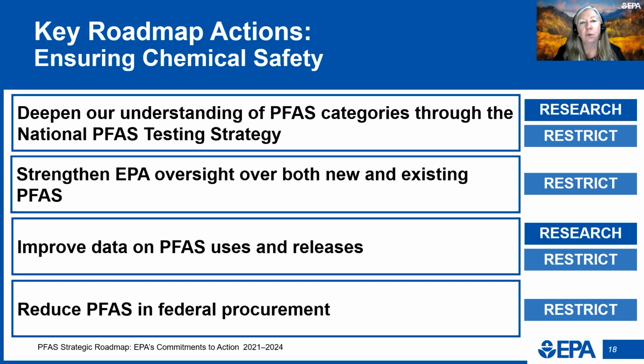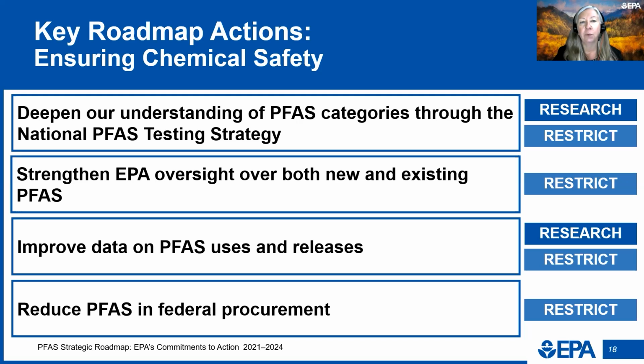First of all, EPA is working to deepen our understanding of PFAS categories through the National PFAS Testing Strategy, which we released in October of 2021. The testing strategy is a major step towards the game-changing goal of breaking PFAS into distinct categories to direct research, amplify regulatory action, and accelerate technology and policy solutions to restrict and remediate PFAS.